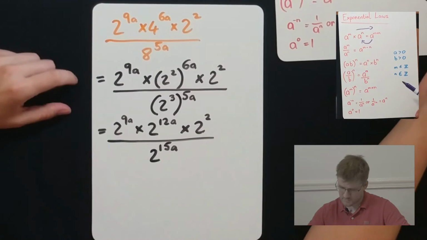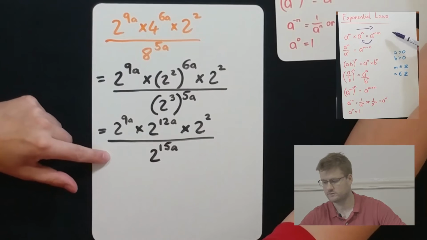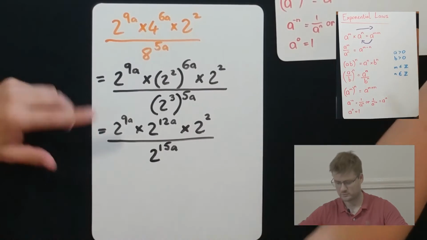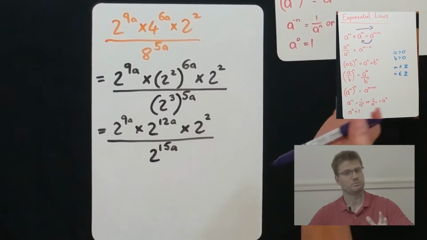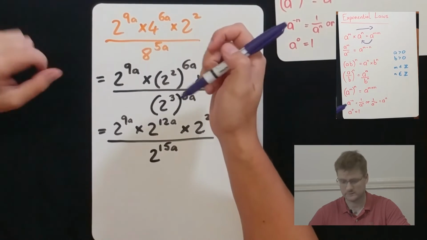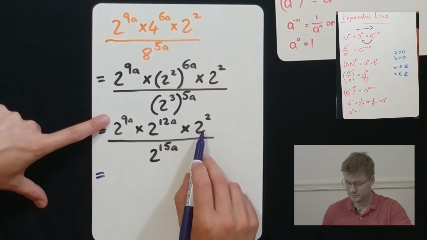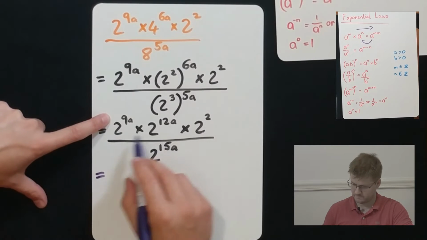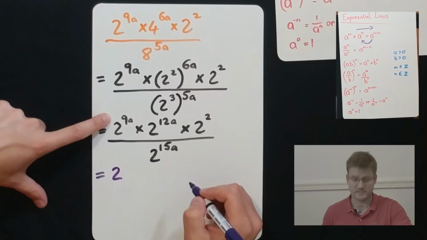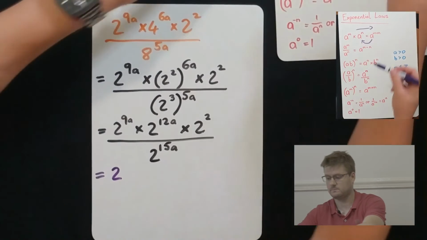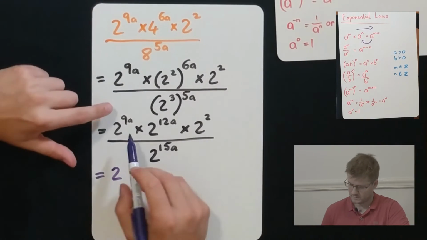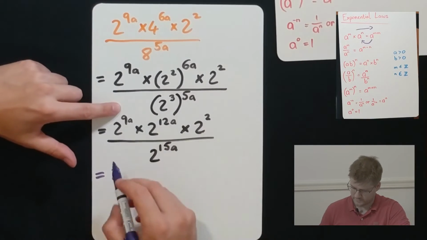So, the next law that I'm going to use is the first one. Now that I've gotten all the bases the same, I want to be putting all my stuff together so I can actually start simplifying this. So we see that on the top, the 3 terms that are multiplied, the base is 2, which will stay the same according to law 1 over there. So we will then add all of our exponents together.